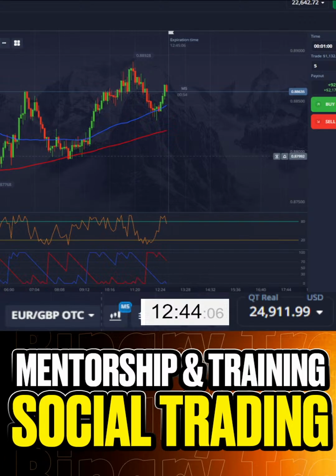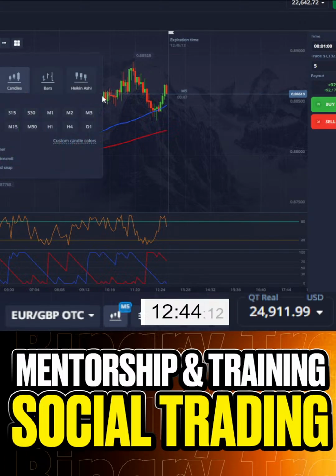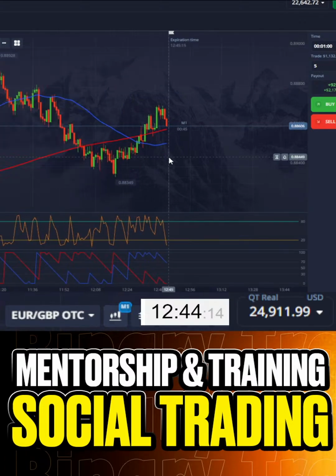We have an upward trend, but right now we have a correction and we need to wait a little bit here. Yes, and we need to go up, right? But we need to wait. This candle is just dropping to this level and if it pulls back, we'll open a buy.